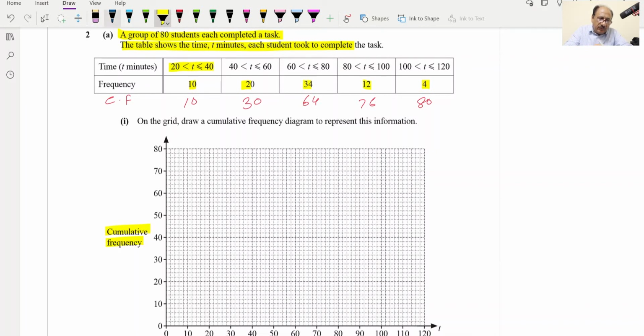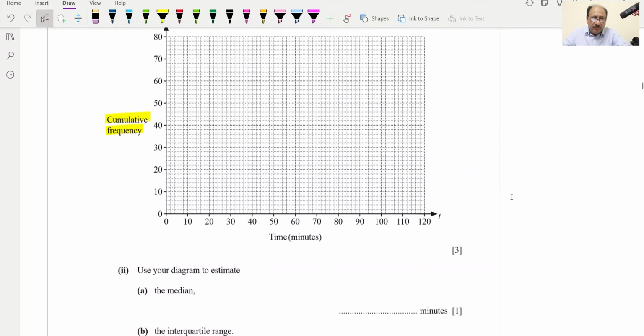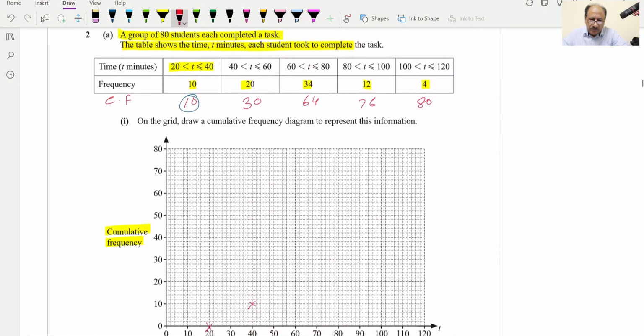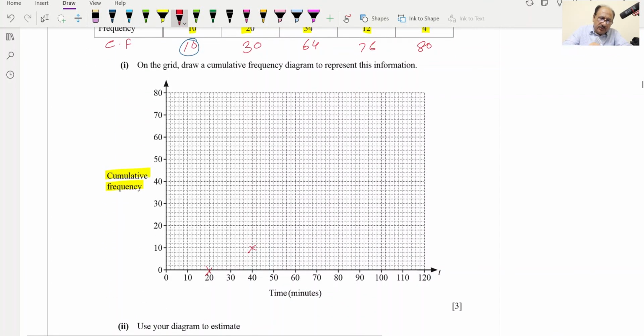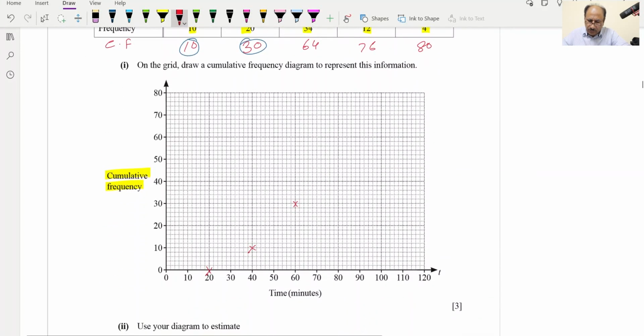Less than 20 will be 0, so we can take 20. 20 to 40 will be 10, so 10 is over here, and then 40 to 60 is 30, so 40 to 60 is 30 over here.